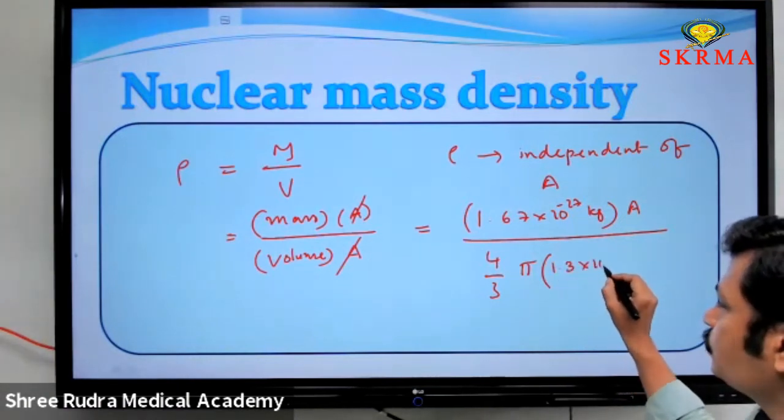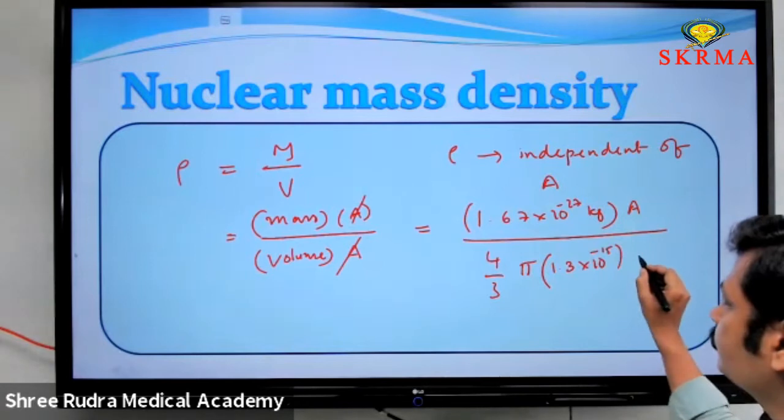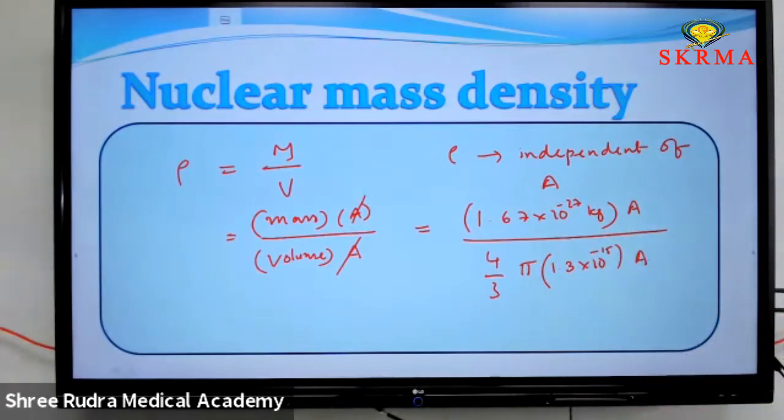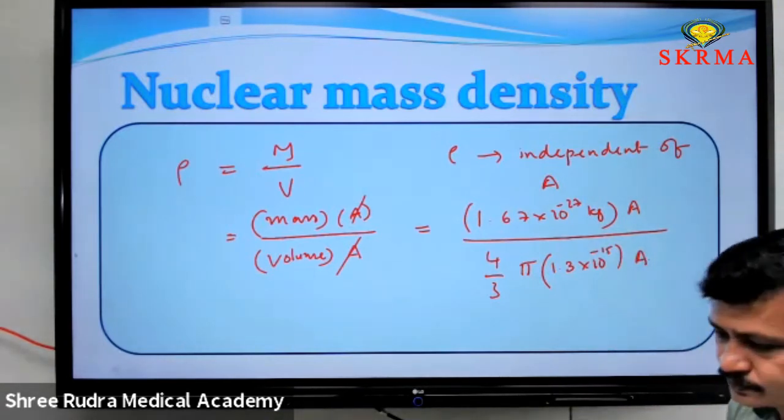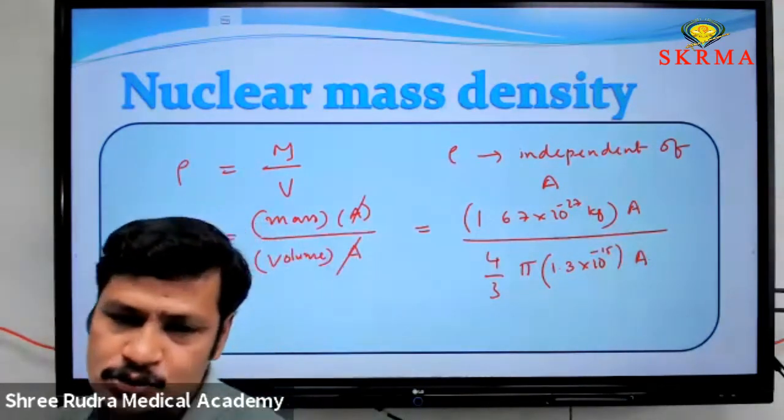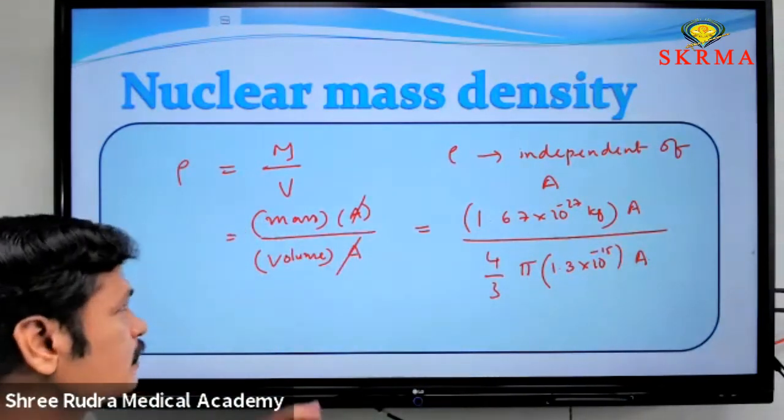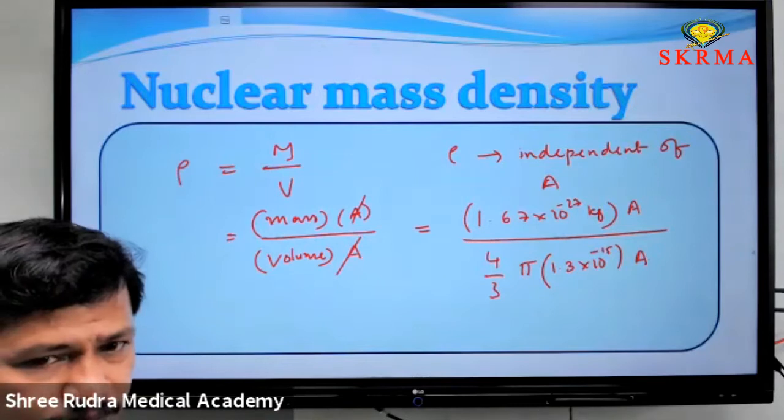This is a numerical expression for the density. This property is also very important, because the density is almost the same.